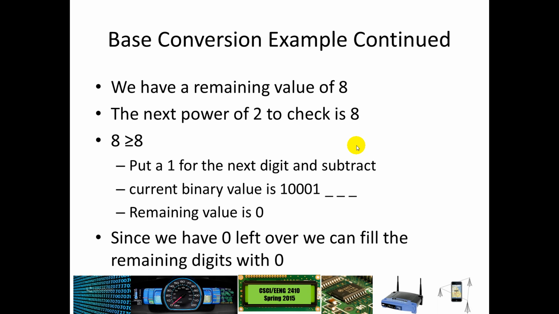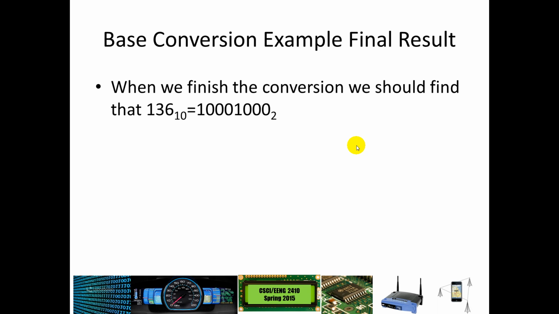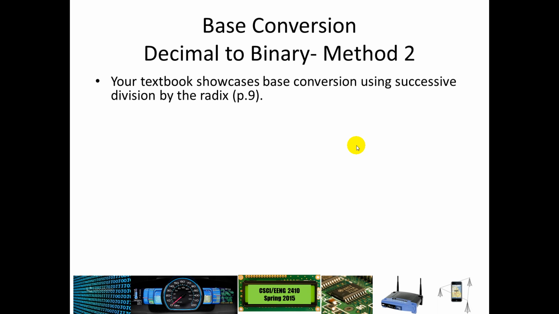Now we can't simply stop there and say the binary value is 1, 0, 0, 0, 1. We have to recognize that there's 3 more places that need to be filled in. But because we have no more value to add in those 3 more places, we can simply fill those remaining 3 slots with zeros. So our final answer is going to be 136 in decimal happens to equal 1, 0, 0, 0, 1, 0, 0, 0 in binary.